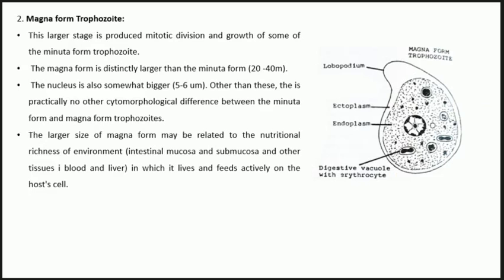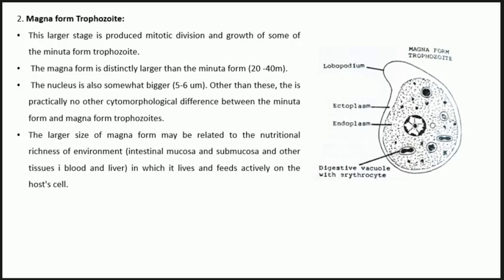Now the magna form trophozoite is large as compared to the minuta, produced by mitotic division and growth of some of the minuta form trophozoites. The magna form is distinctly larger than the minuta. How much? The previous one was nearly 10 micrometer, whereas here it is 20 to 40.